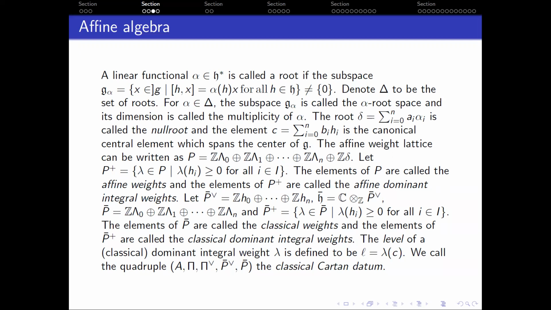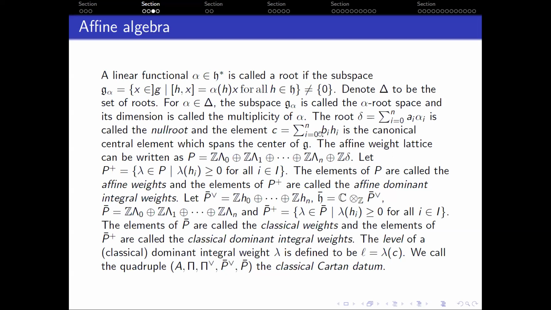And this is the so-called imaginary root. Any non-zero multiple of this root in the affine Lie algebra case is also a root. Okay, but in general, multiples of roots are not roots. But in the affine case, this is the special situation.